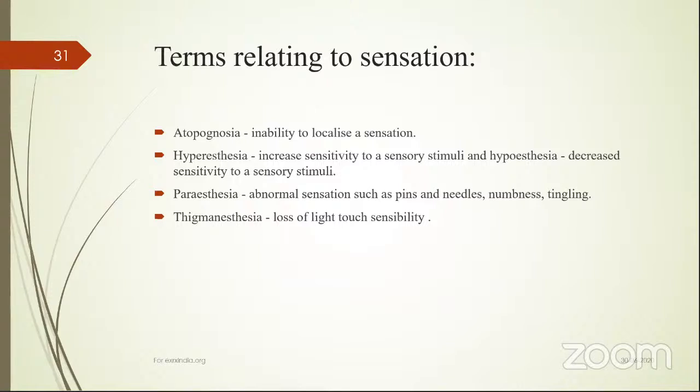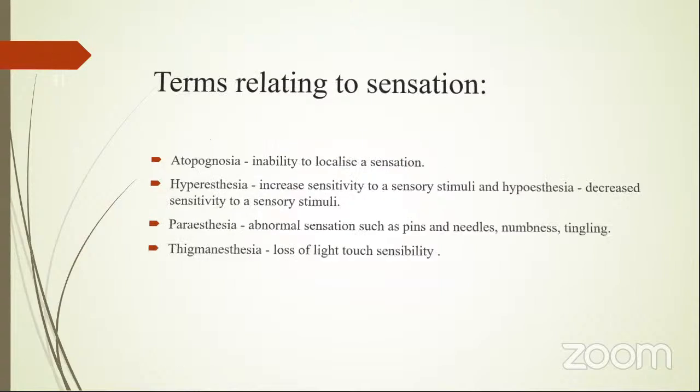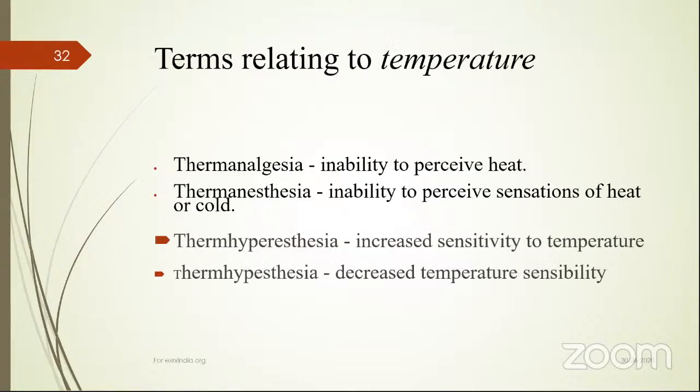Paresthesia is an abnormal sensation; they get pins and needles or numbness. Loss of light touch means they are unable to identify light touch. Related to temperature, these three we are dealing with. Thermal analgesia is being unable to perceive heat. Thermanesthesia is being unable to perceive the sensation of heat or cold, both. Thermhyperesthesia is increased sensitivity to temperature, and the opposite is decreased sensitivity to temperature.